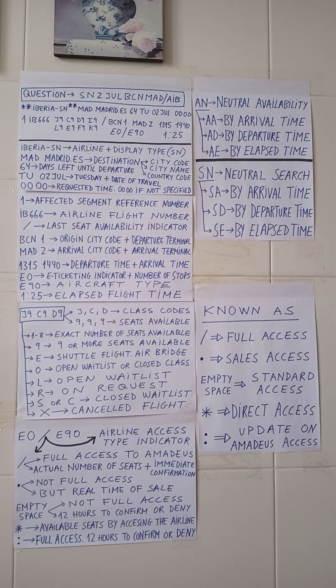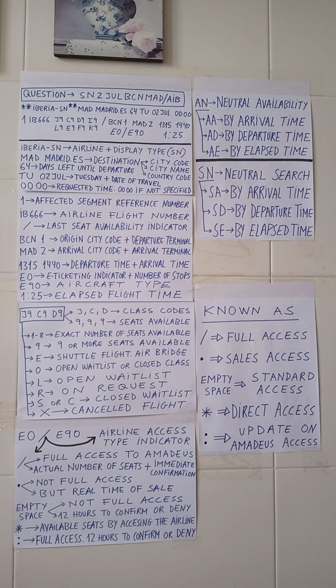I already explained in the previous video that SN initiates any transaction whose objective is to have screens of the flights of a given day, regardless of whether there is no availability. In the previous video I explained that if we only want to know the flights that have seats available or on the waiting list, we must replace SN with AN.